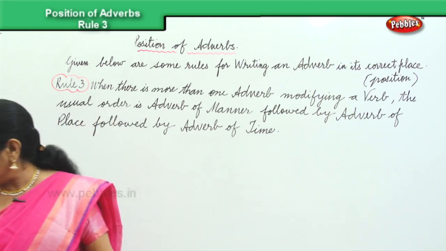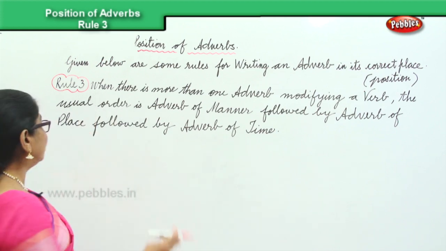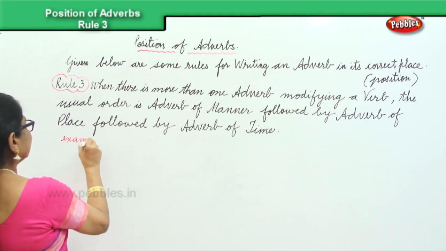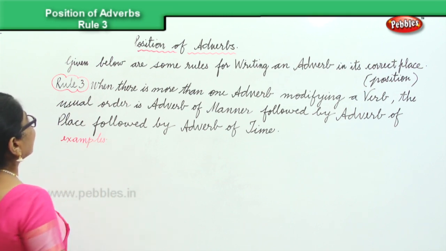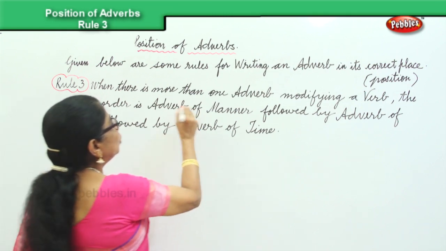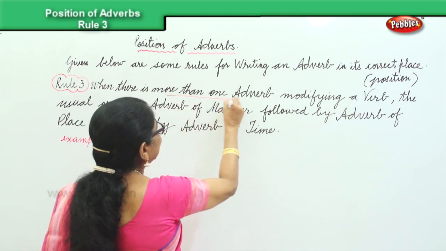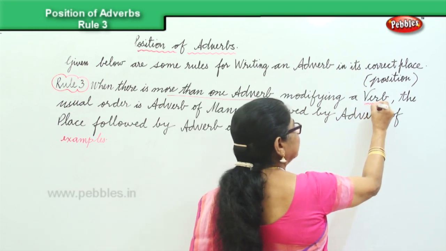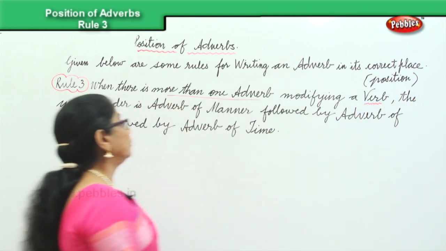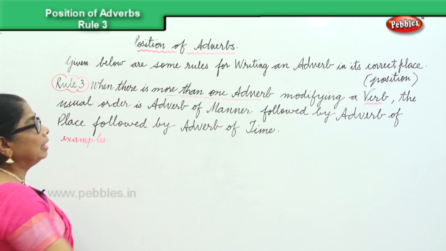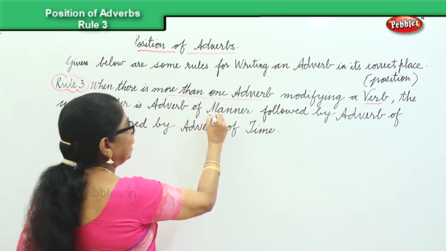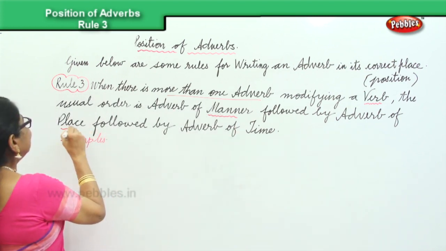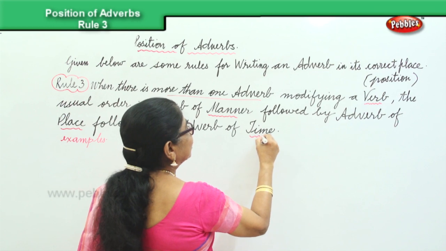Now we do some examples for us to understand the rule. So when there is more than one adverb modifying a verb, the order followed is first adverb of manner, followed by adverb of place, followed by adverb of time.